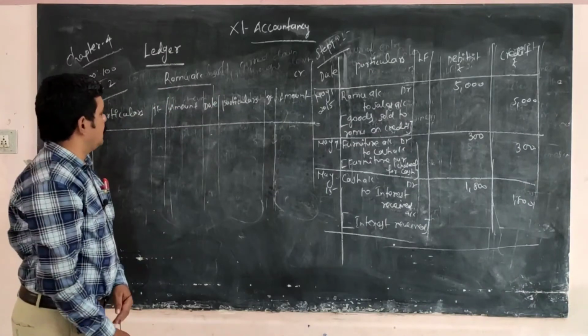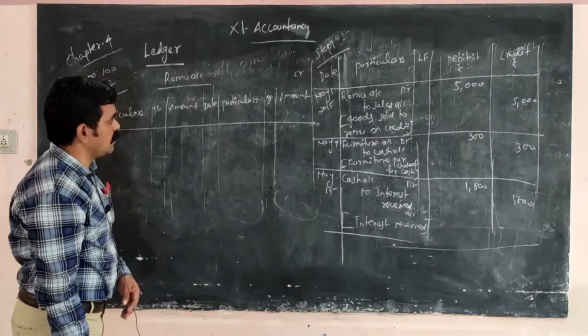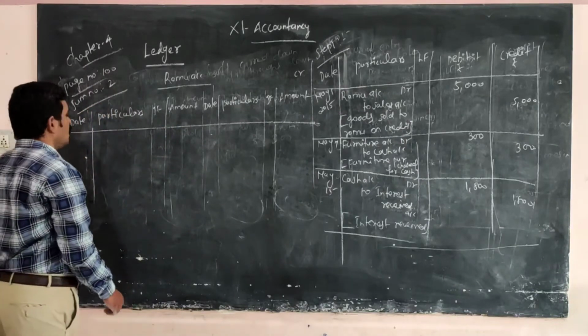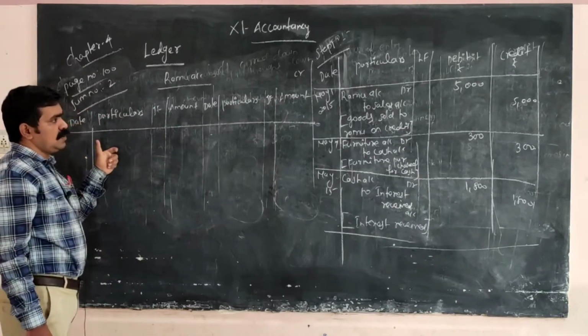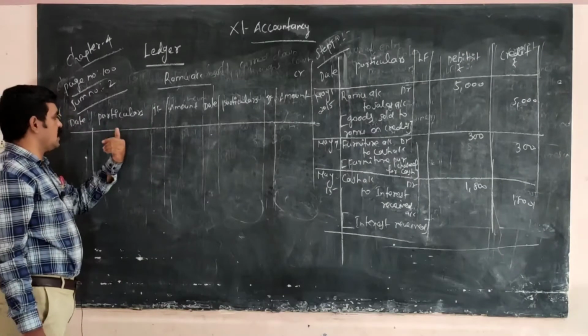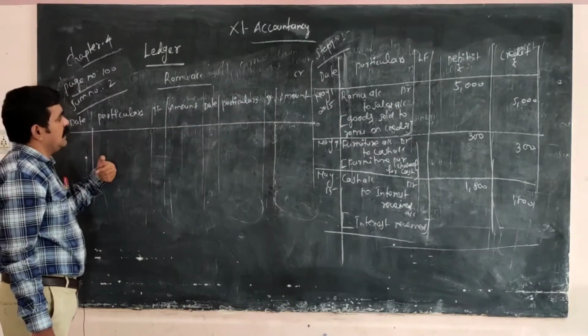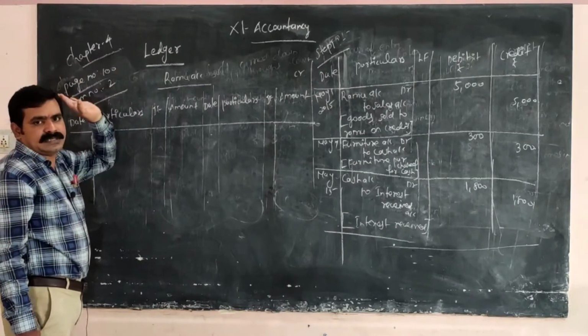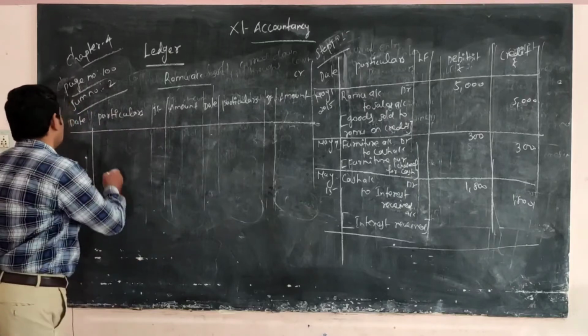For the first transaction, May 1, 2015, Ramu account debtor to sales account. Ramu account comes under the debit side, and the sales account also comes under the debit side of Ramu's ledger.